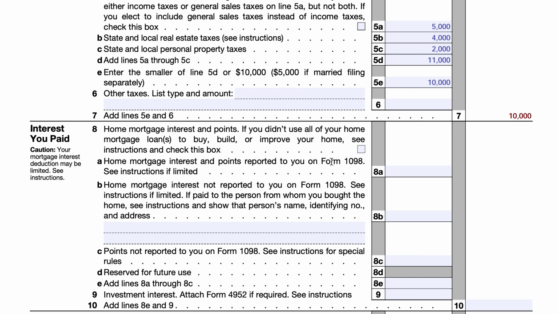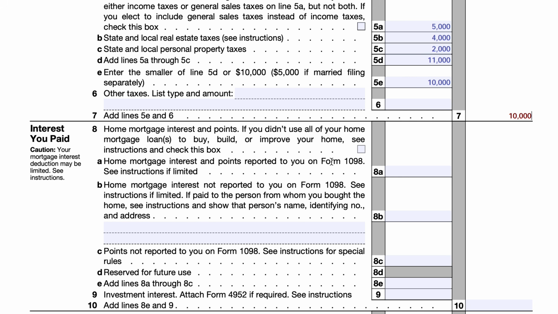So for home mortgages that were taken out before that date, you can deduct home mortgage interest on up to $1 million of mortgage debt. So if you had a home that was a $900,000 loan, you'd be able to take the full amount of interest that you paid on that.